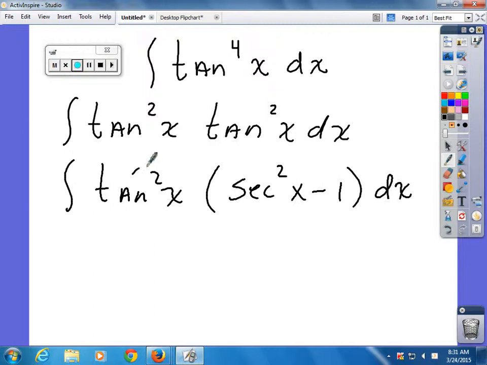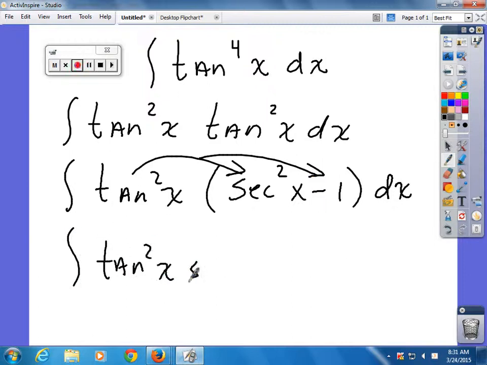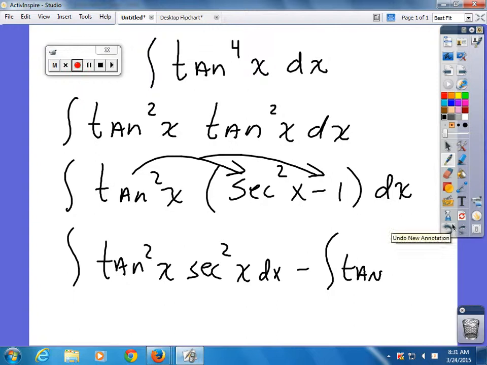Now you can distribute the tangent squared. You get the antiderivative of tangent squared of x, secant squared of x dx, minus the antiderivative of tangent squared of x.